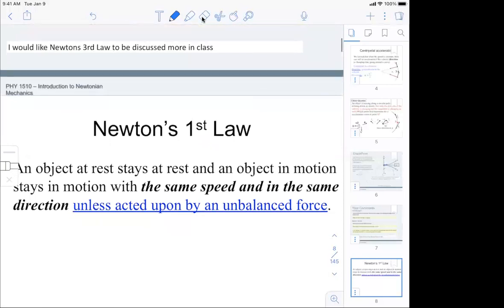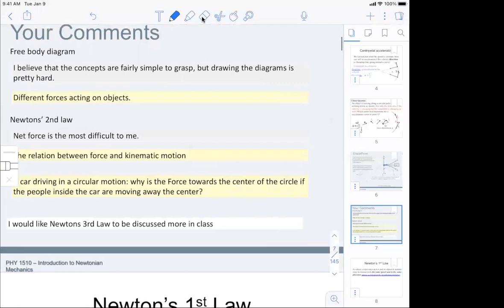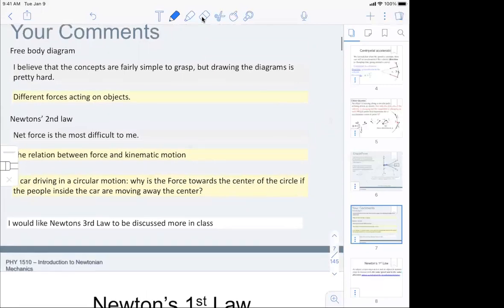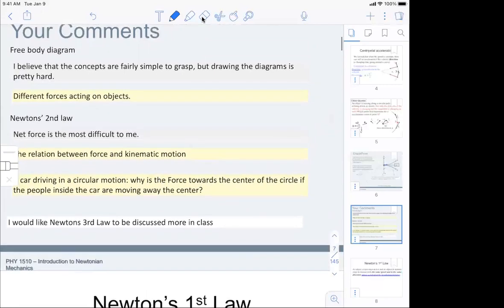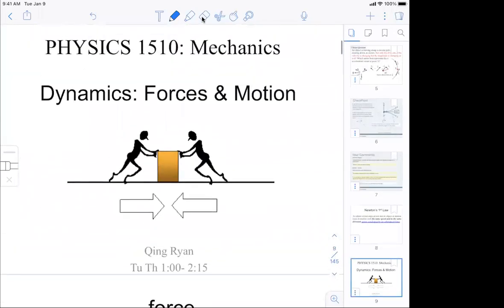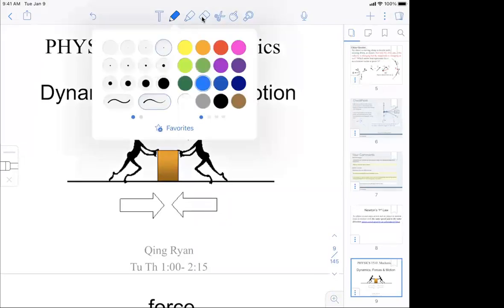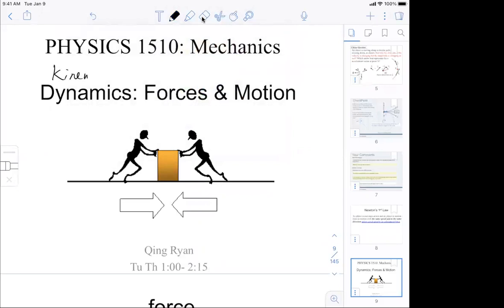The comments seem to have a lot to do with free body diagrams, and how to do them. We'll do a little bit of that today, but mostly we'll practice drawing free body diagrams when we do Newton's second law. This is the second major topic in 1510. First we did kinematics, with all these quantities: velocity, position, displacement, acceleration.